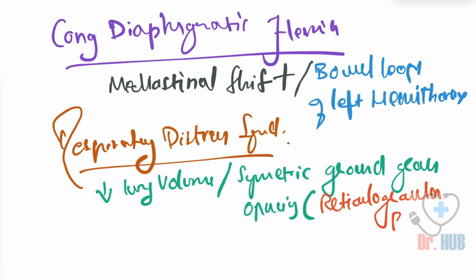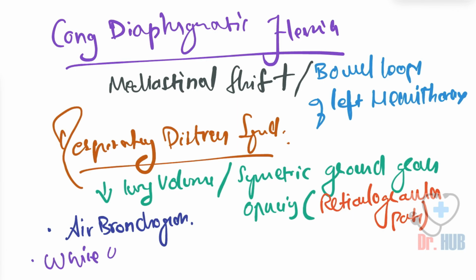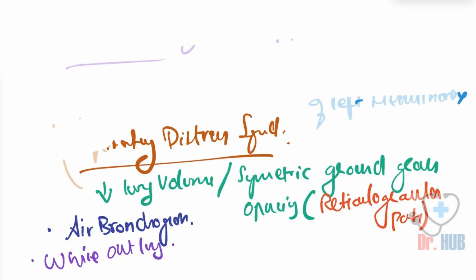Next, there is also the air bronchogram and the white out lung. These are all features of respiratory distress. So we saw there is a low lung volume, symmetrical ground glass opacity, air bronchogram and the white out lung.